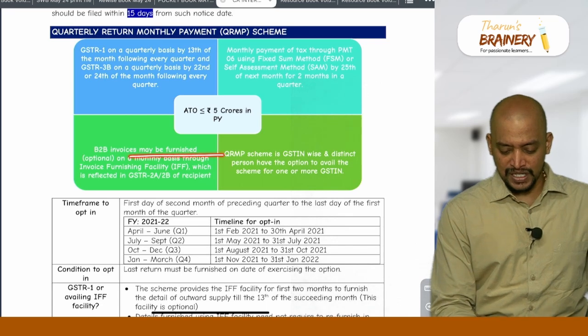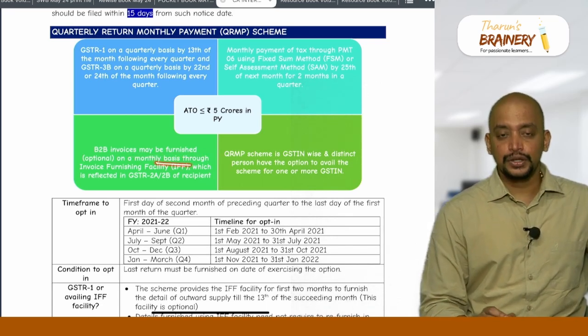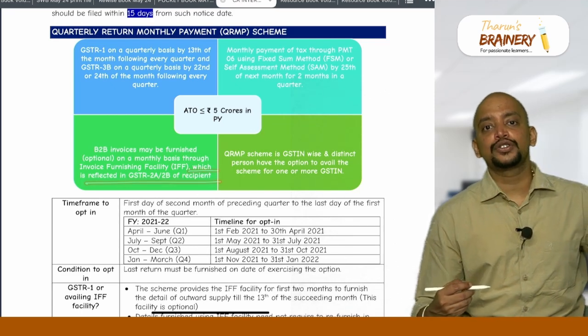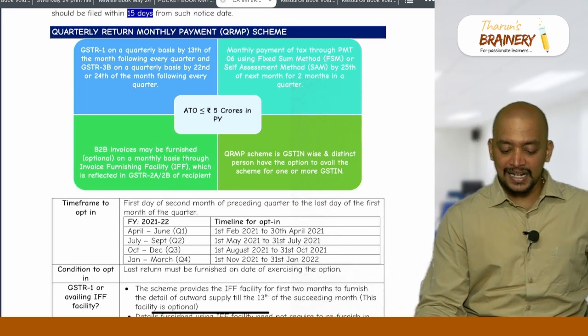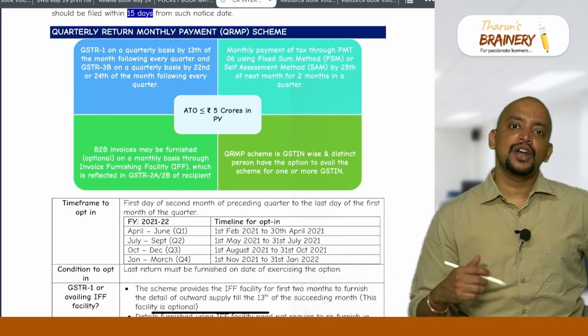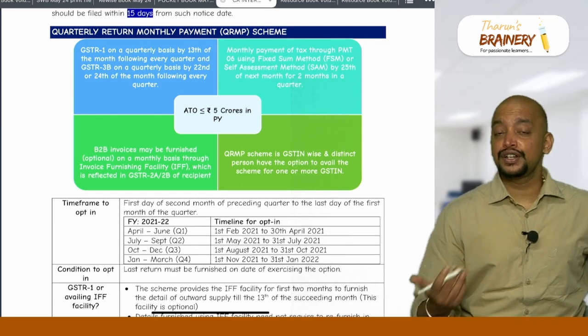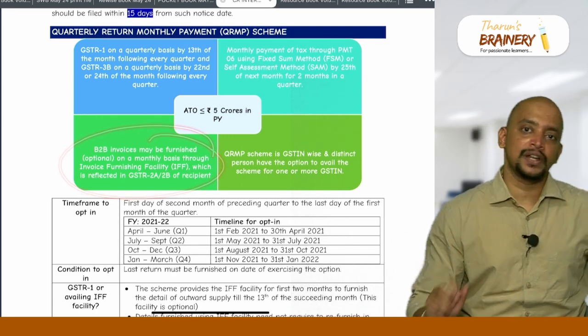So B2B invoices may be furnished on a monthly basis through the invoice furnishing facility, which is reflected in 2A or 2B of the recipient. Practically, whenever my outward supplies are reported in IFF, even though it is optional, I will file monthly. Now, rather than filing IFF, I can file GSTR 1.